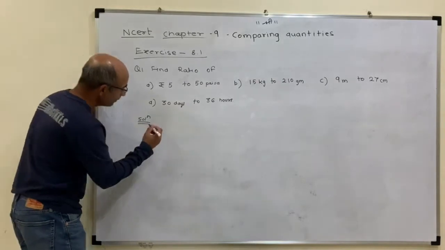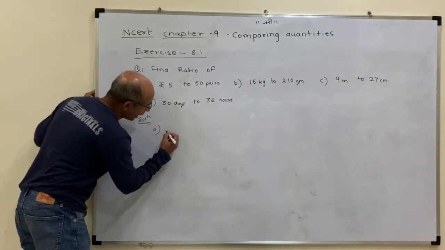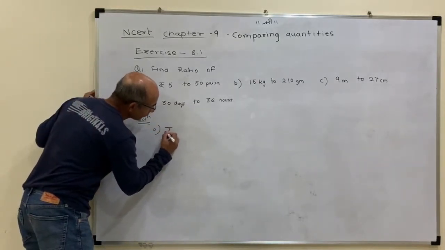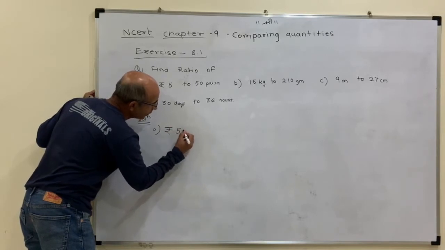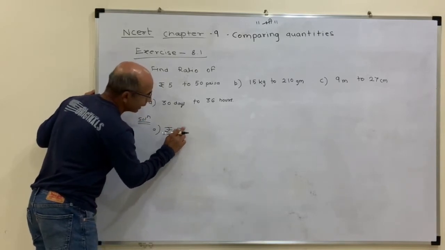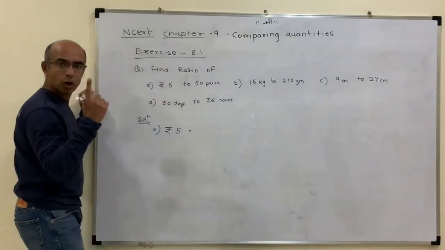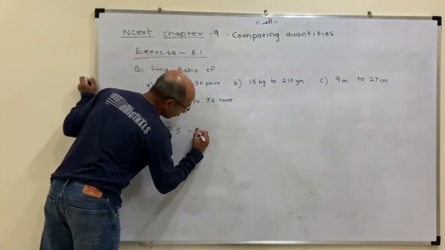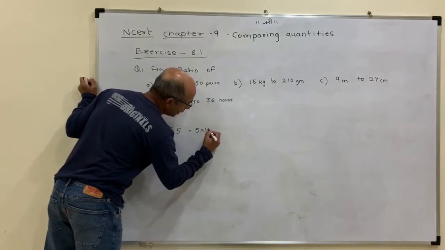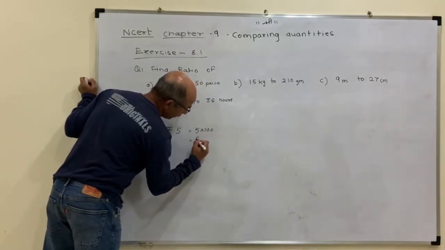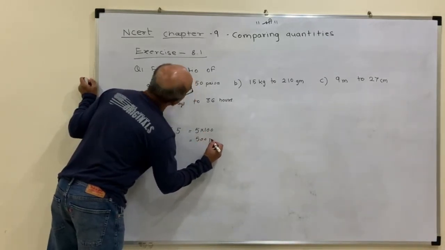So while solving A, I say 5 rupees. 1 rupee equals how many paisa? 100 paisa. So 5 into 100 is equal to 500 paisa.